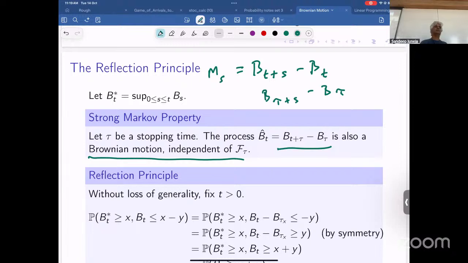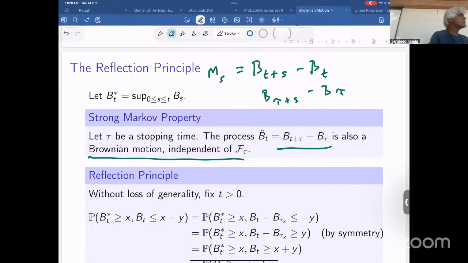The other was a fixed time. So that was the weak Markov property. Now this is the strong Markov property. Tau is a random stopping time. So this does require a proof. It's a fairly demanding proof. We would of course do that, but we'll assume this strong Markov property, and we'll see consequences of this.